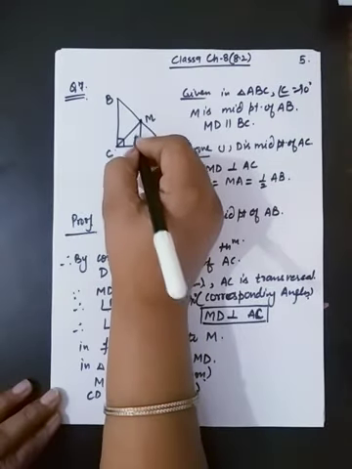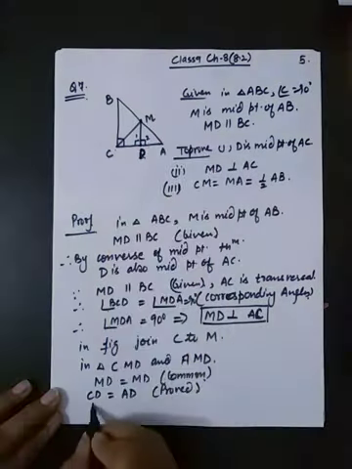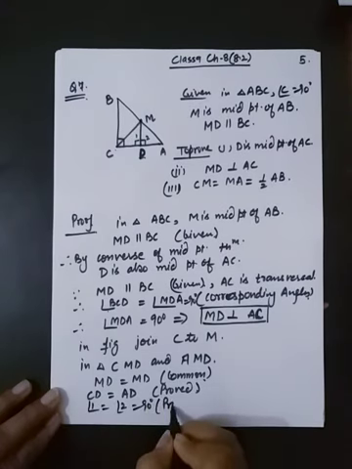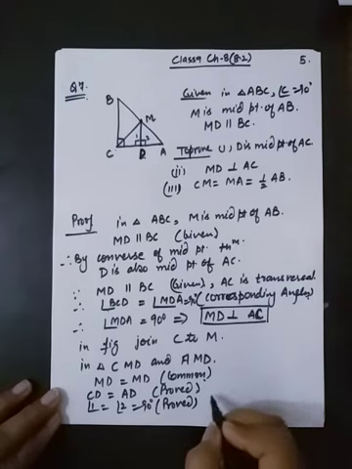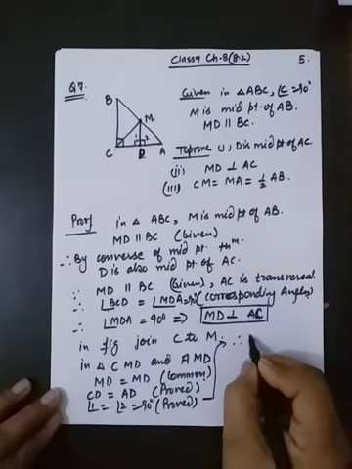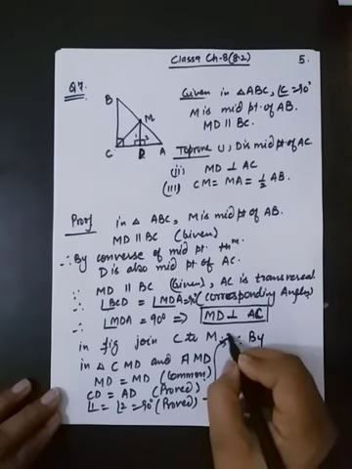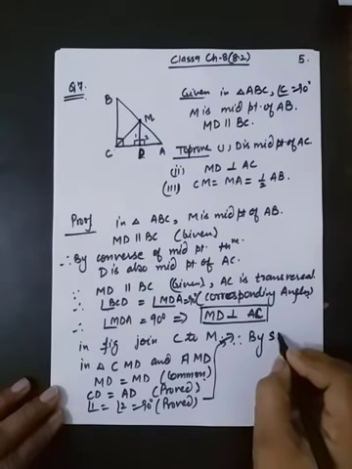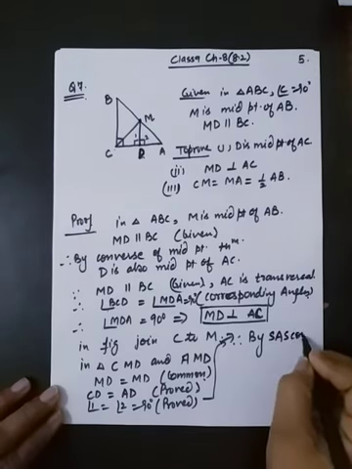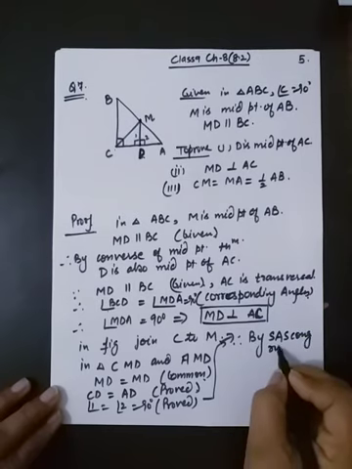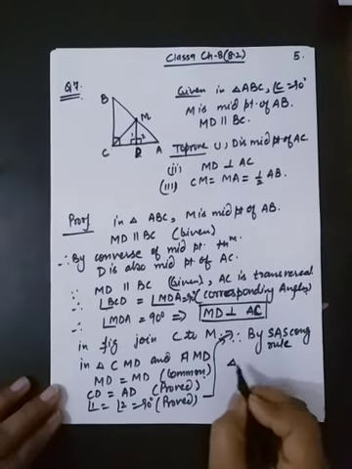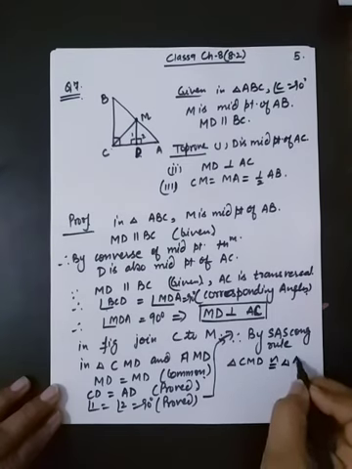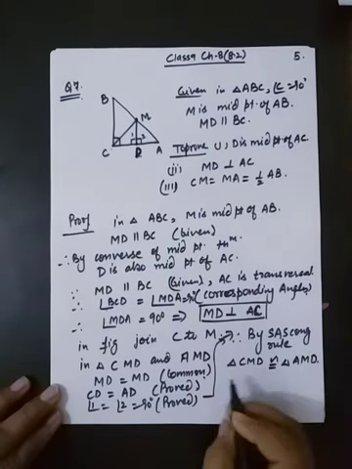And you can say angle 1 and angle 2. Angle 1 is equal to angle 2 is equal to 90. This is also proved. So therefore, by which rule? Side angle side congruency rule, triangle CMD is congruent to triangle AMD.